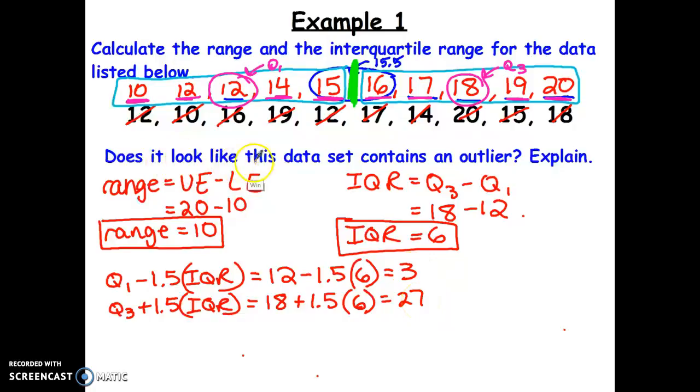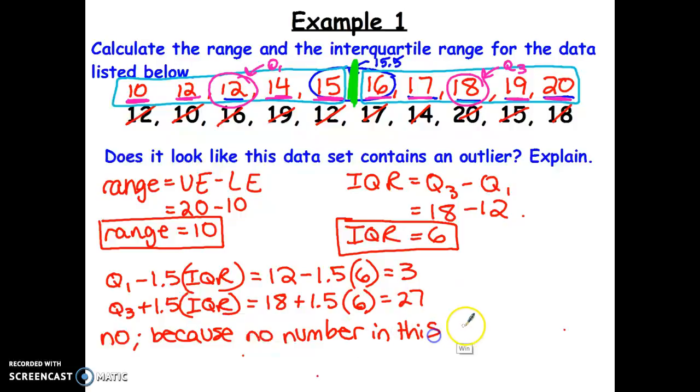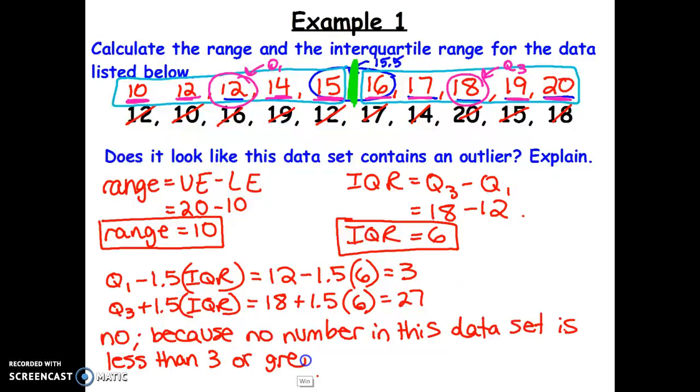So to answer our question, does it look like this data set contains an outlier? We'll say no. And to explain, because no number in this data set is less than 3 or greater than 27.